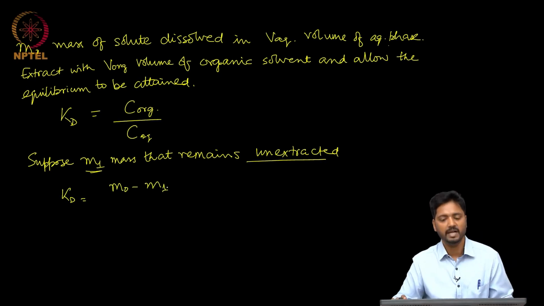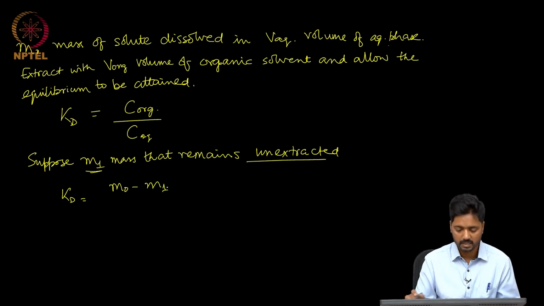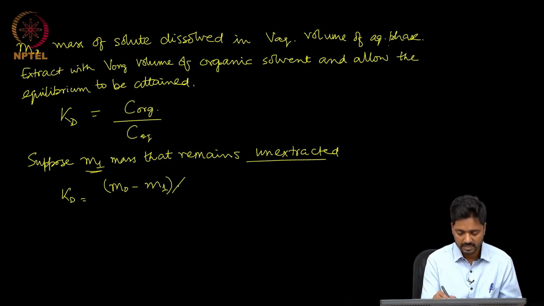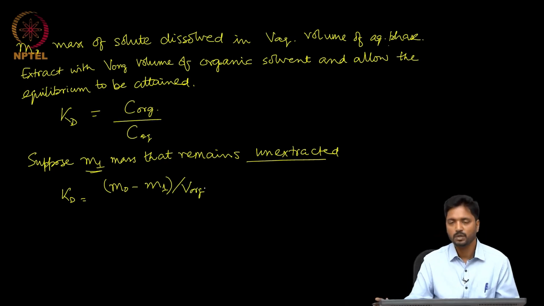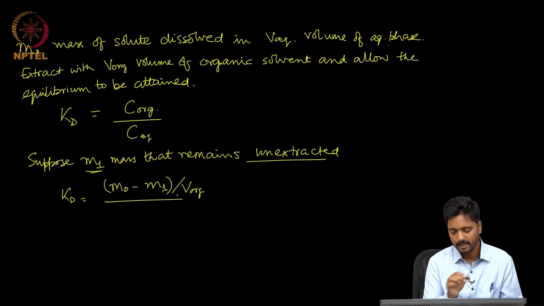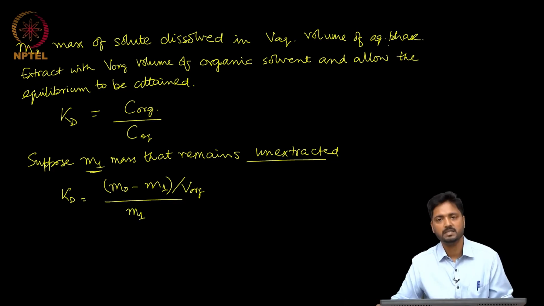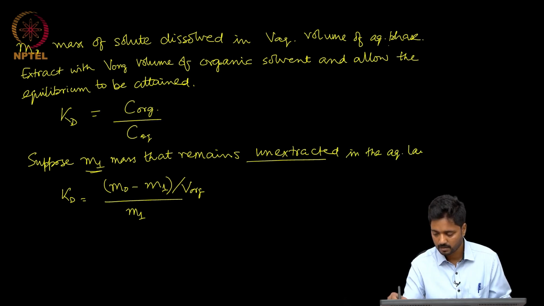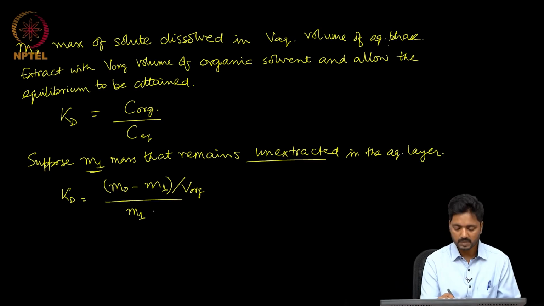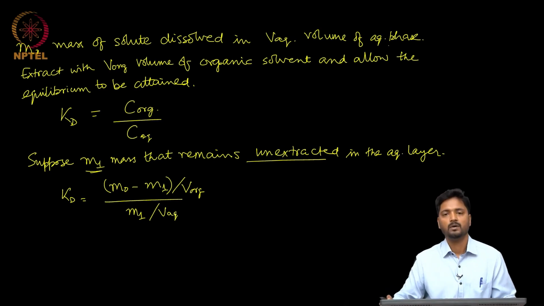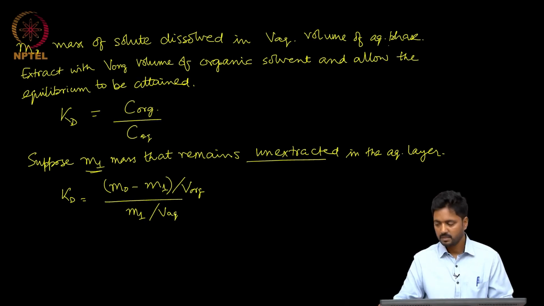This is the amount that is getting transferred into the organic layer. This will be divided by the V organic, because we are extracting it with this volume of the organic solvent, and this will be divided by m1, which is the mass that remains unextracted in the aqueous layer, divided by V aqueous, which was the volume of the aqueous layer.